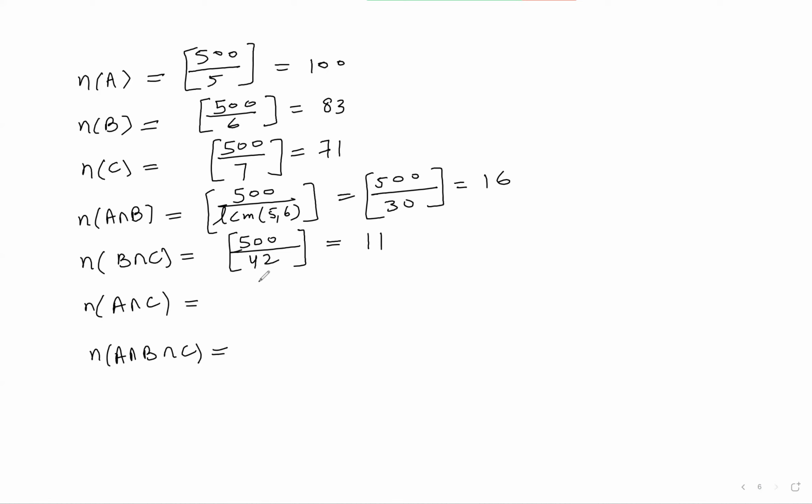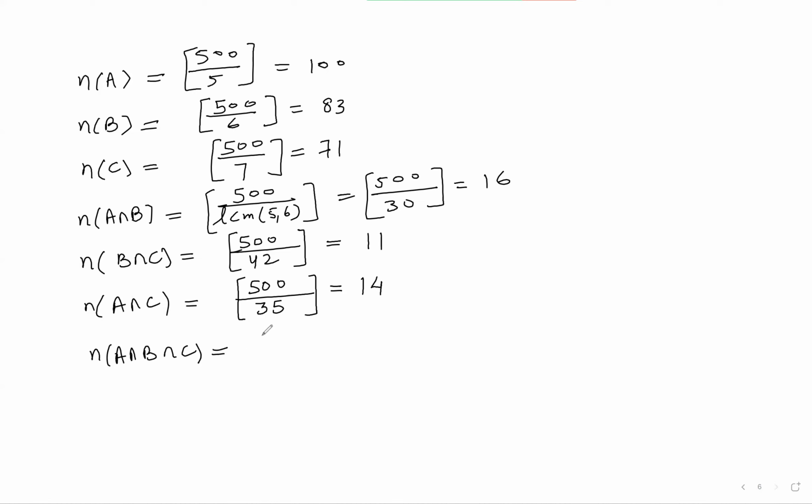Then A and C: 500 divided by the LCM of 5 and 7, which is 35. Compute. So 14 point something, so the greatest integer is 14.